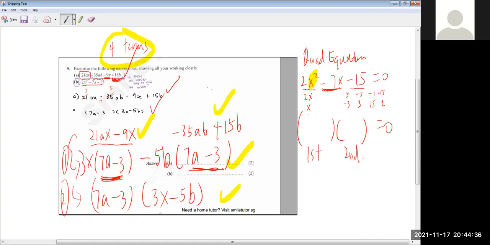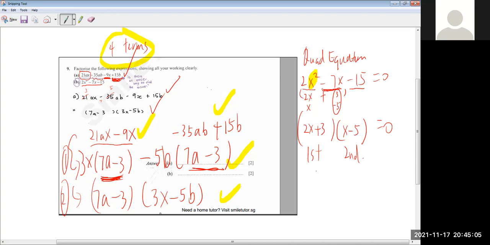The combination is this. Minus 5 here and 3 above. And I'm going to show you why. So the rest cannot. If you have this combination, you will get 2x plus 3, x minus 5.